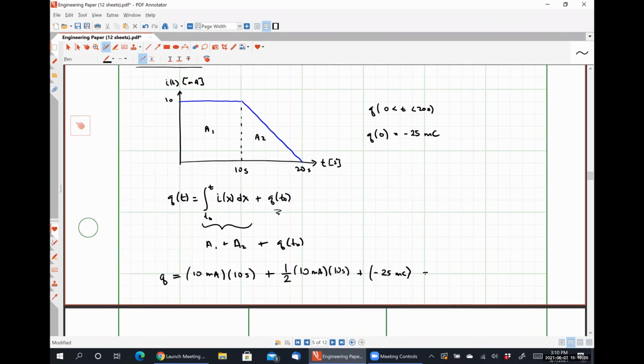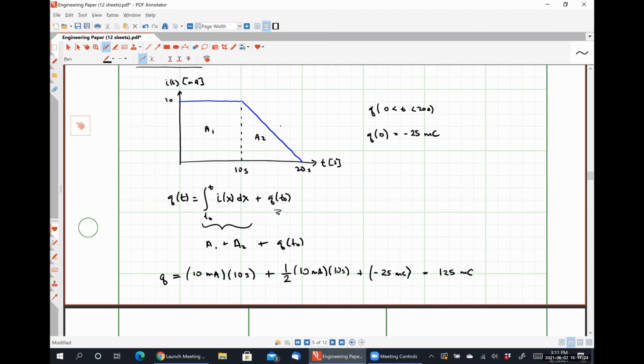All right, so if we add all of these things together, we have 100 plus 50 minus 25 is 125 millicoulombs, which is the exact answer that we would get if we went through the painful, and it's not really that painful, amount of math to derive the piecewise function that describes our current waveform, and then apply the time shifting theorem and all that kind of good stuff.